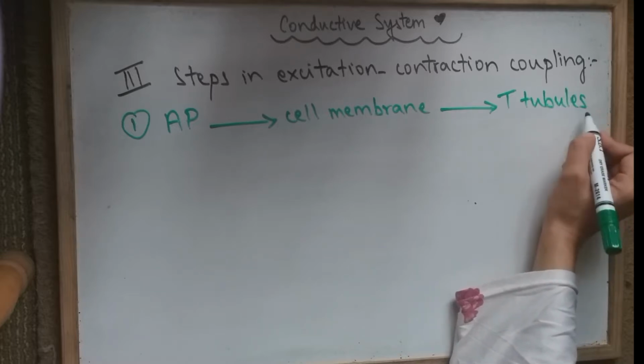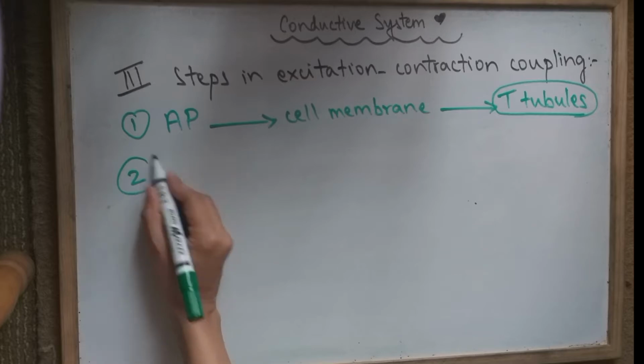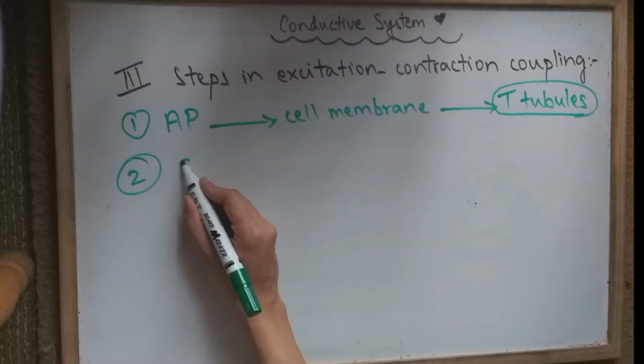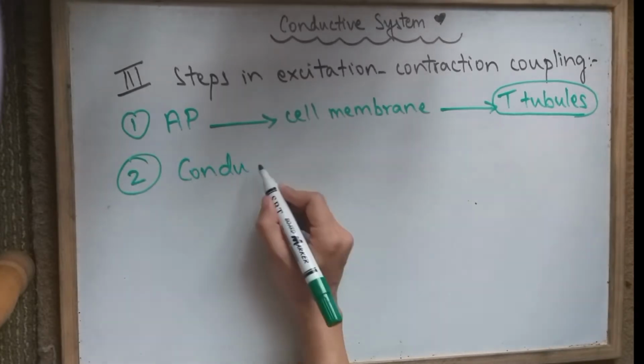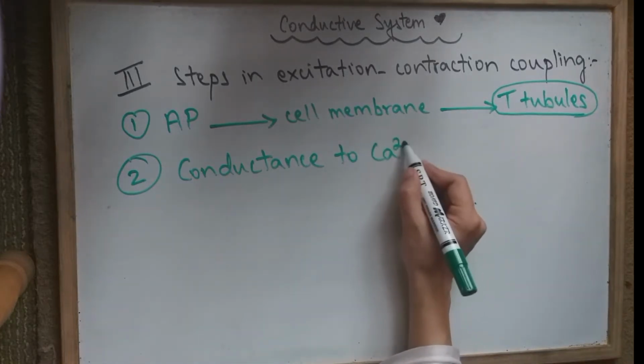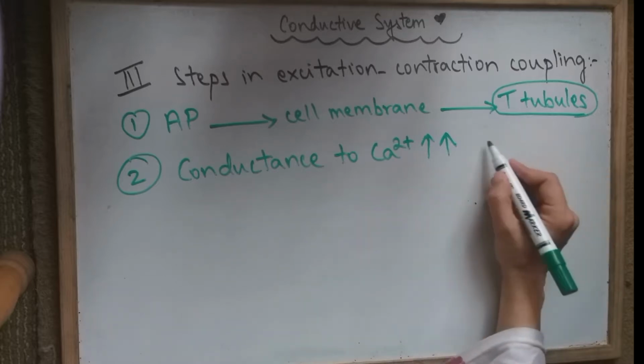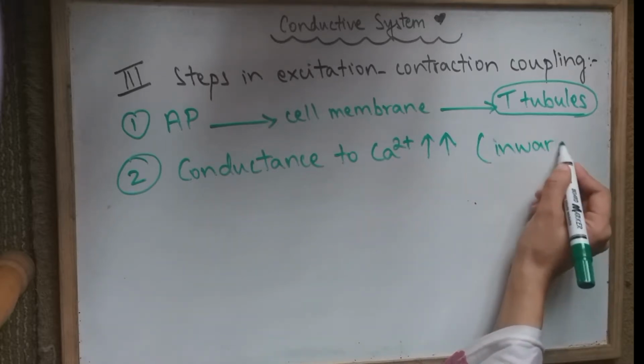So there is the conductance, which increases the calcium ions. In the third step, you'll see that these calcium ions are stimulating more calcium release. It's called calcium-triggered calcium release.